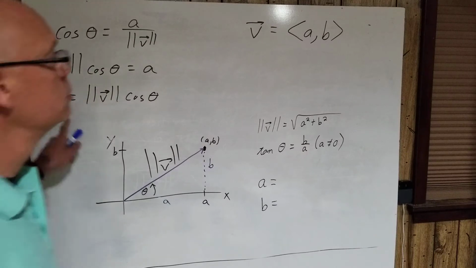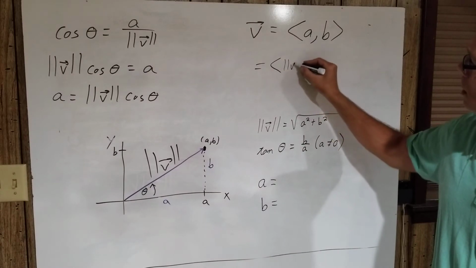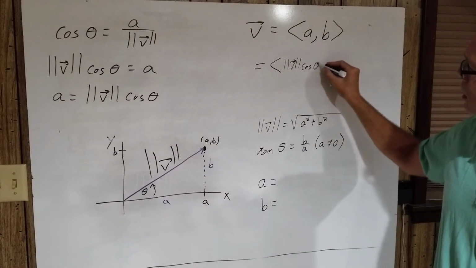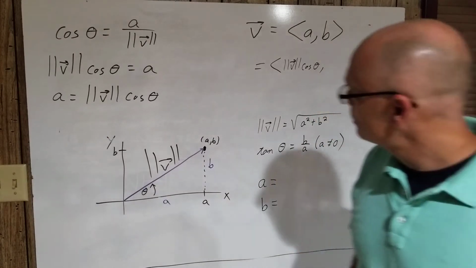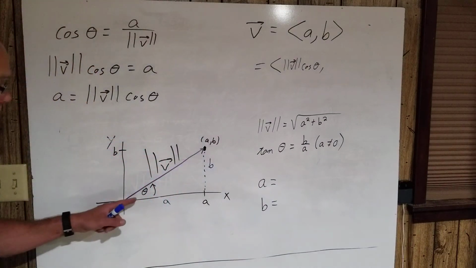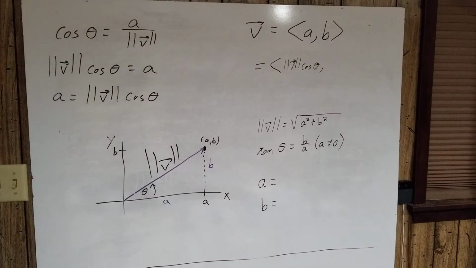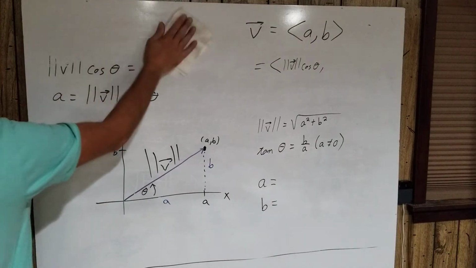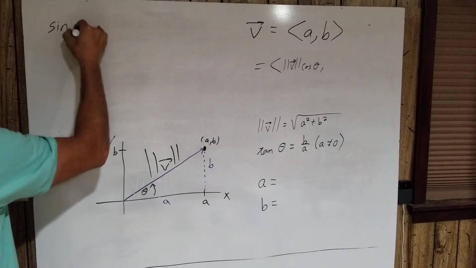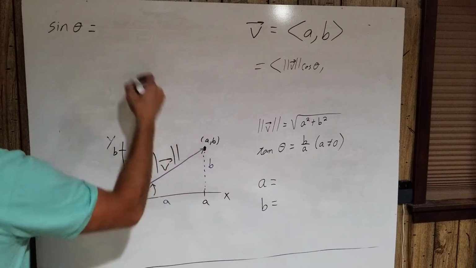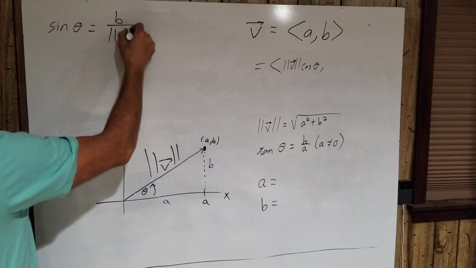Well, if that's a right here, what could I call that instead of a? I could call that the magnitude of vector v times the cosine of theta. Now let's come up with something for b. Again, I could use trig and say the sine of theta is equal to the length of this side of my triangle, which is b, over the length of my hypotenuse, which is the magnitude of vector v.